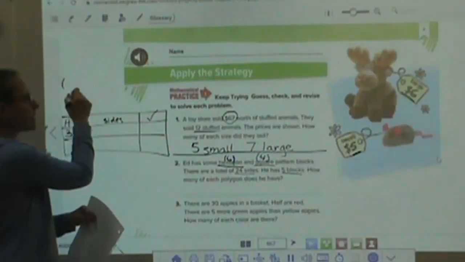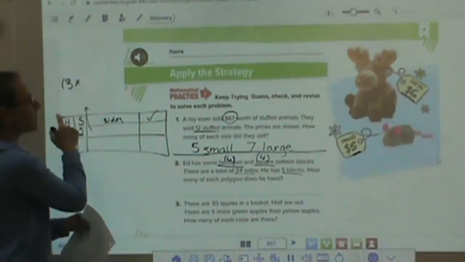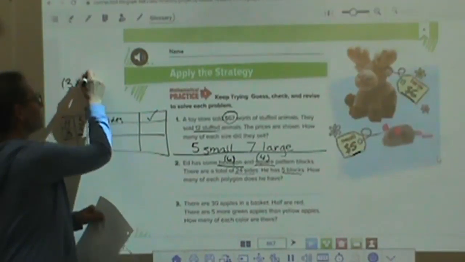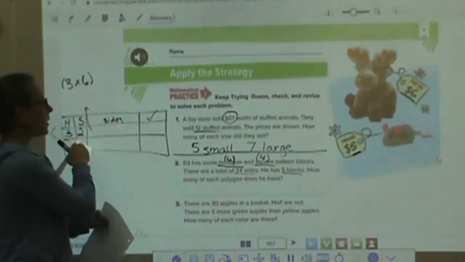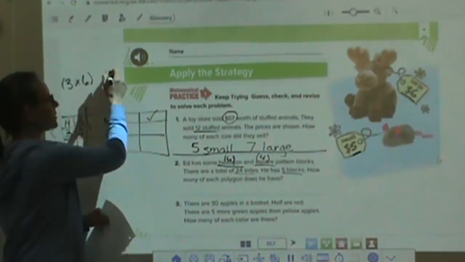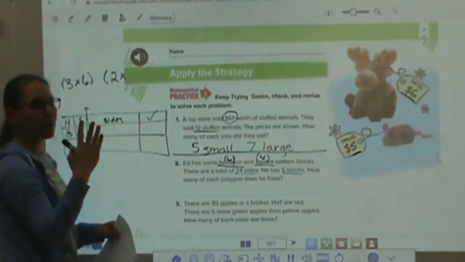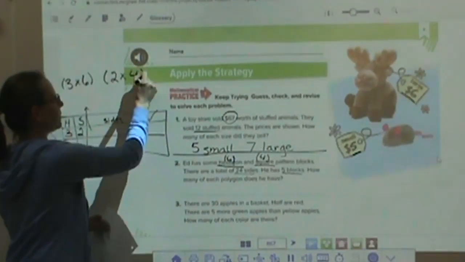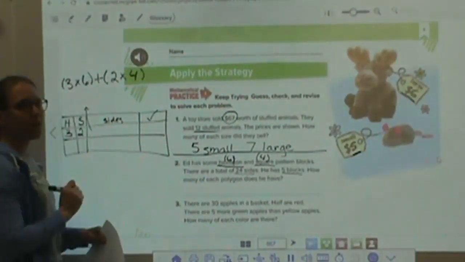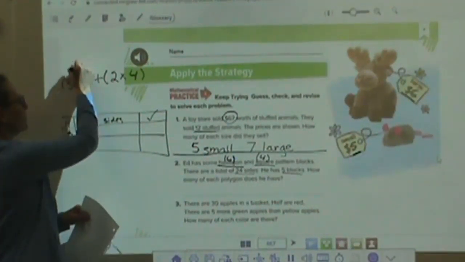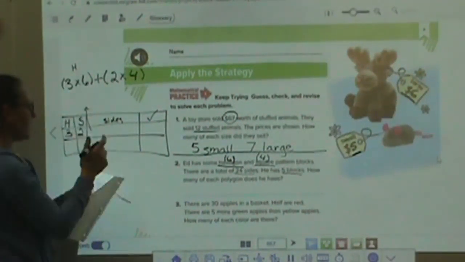If there are 3 hexagons, we're going to multiply that by the 6 sides to the shape. And then we're going to figure out the 2 squares. The squares have 4 sides to their shape. And we'll be adding those together. So the hexagon, 6 times 3 is 18.